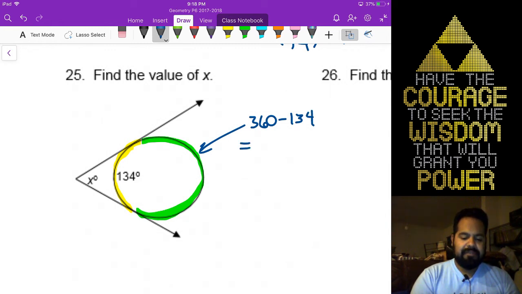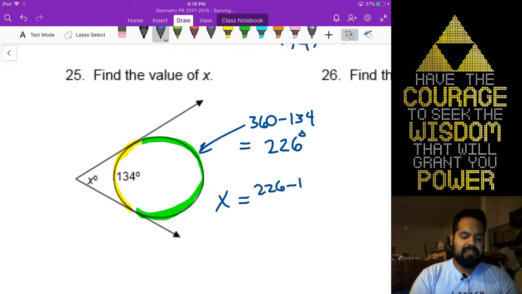Let's see, 6, 5, 4, 3, 2, 6, 226. So x is going to equal 226 minus 134 divided by 2.